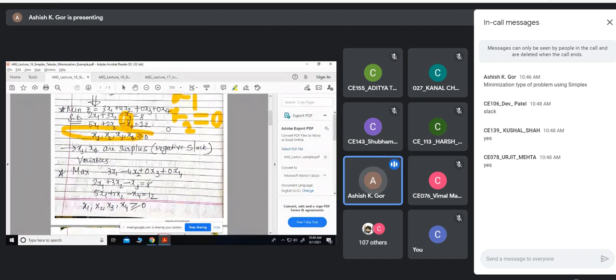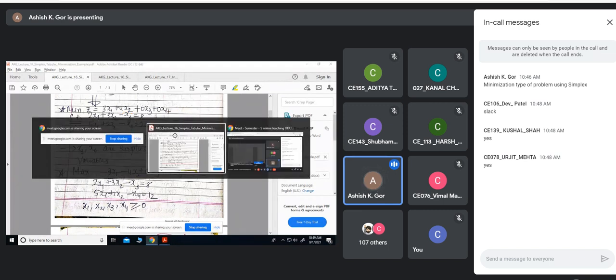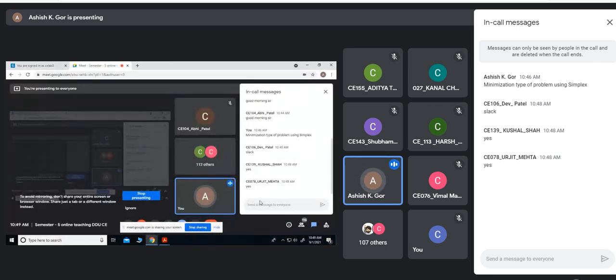So this way you cannot initialize the simplex table properly, and that is why we need something which helps us in initializing the first simplex table.